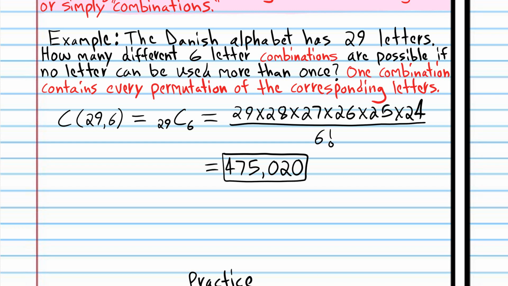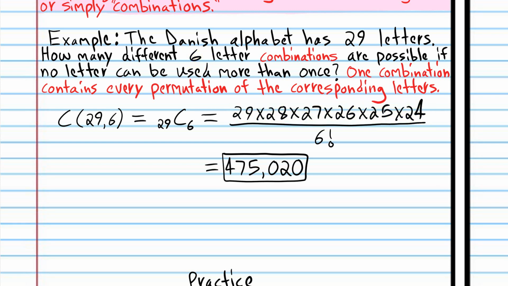So what we're doing is the same exact thing that we did before. We're not allowed repetition, so we choose one letter, 29 options. Then we have 28 options because we're not allowed repetition. Then 27, 26. So we have 1, 2, 3, 4, 5, 6 letters.